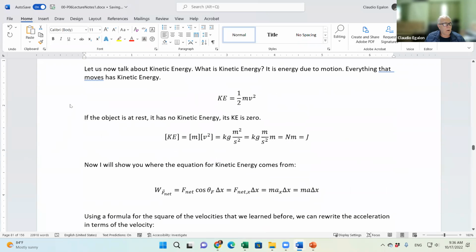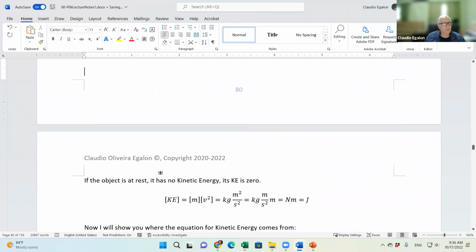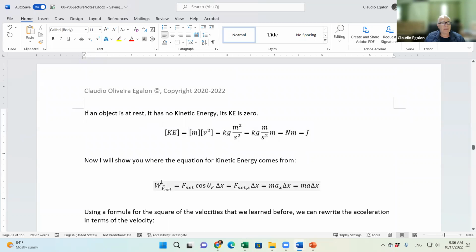So if an object is at rest, it has no kinetic energy, because its kinetic energy is 0. And just like I mentioned, the unit of kinetic energy is the unit of mass times the unit of velocity squared. The unit of mass is the kilogram.